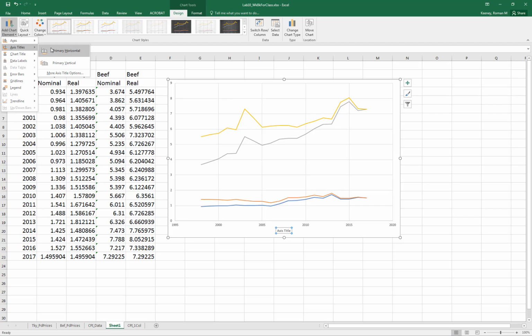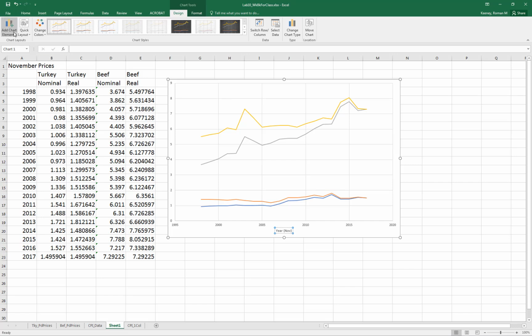You could get the horizontal axis labeled like this with year, and then maybe remind yourself that we're actually focusing on the November price of each year. You could put dollars on the vertical axis.